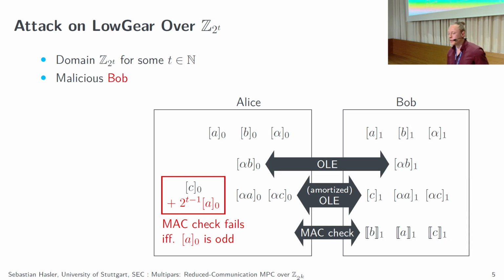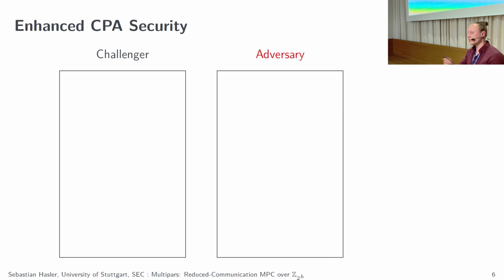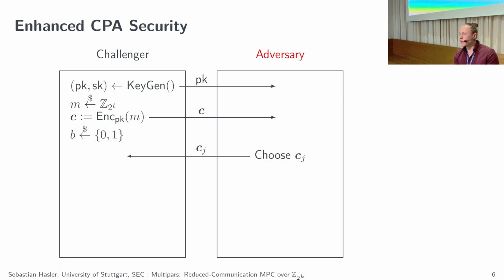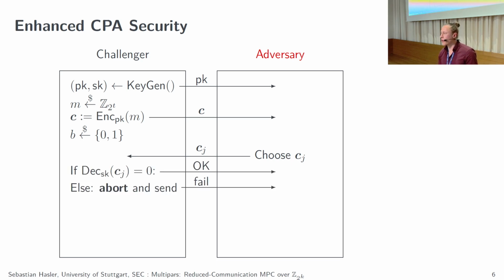In the security proof of LowGear, or also LowGear 2.0, they assumed this so-called enhanced CPA security property of the underlying linearly homomorphic encryption scheme, which basically means that when a challenger sends a ciphertext to the adversary, the adversary can then modify this ciphertext and make oracle queries whether this modified ciphertext decrypts to 0 or not.